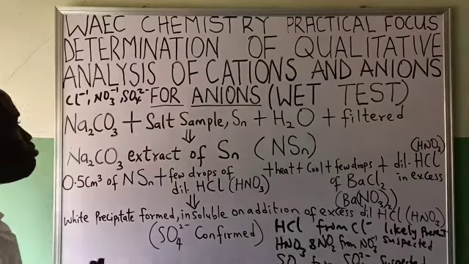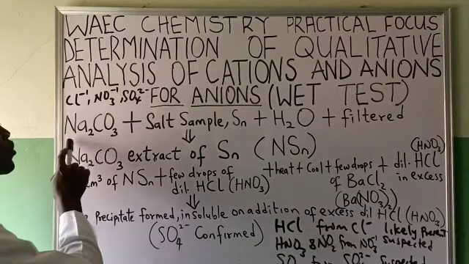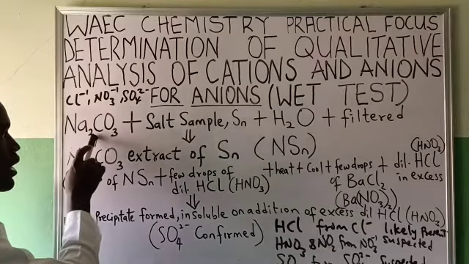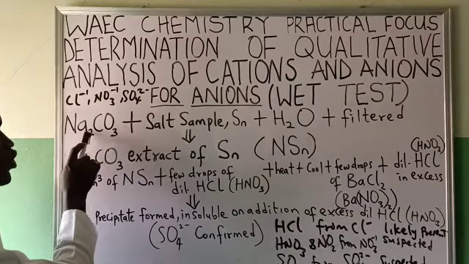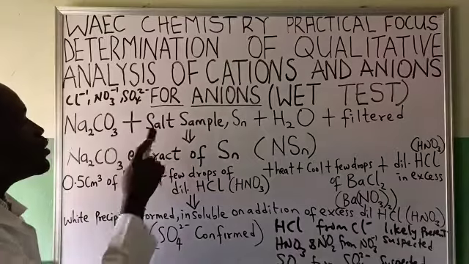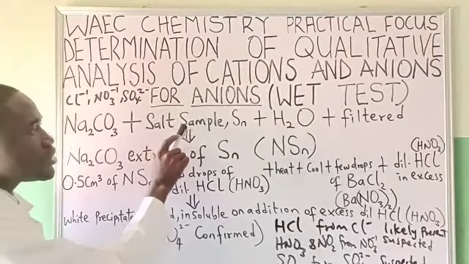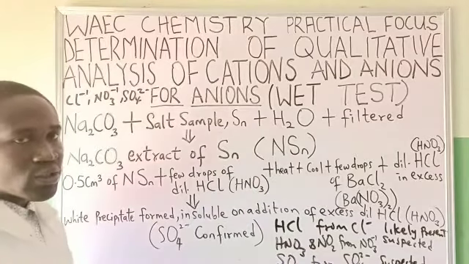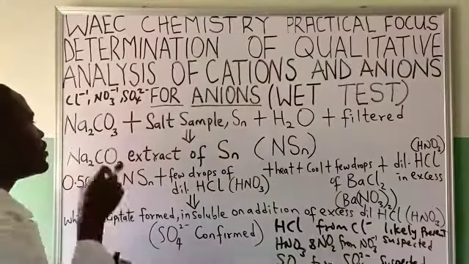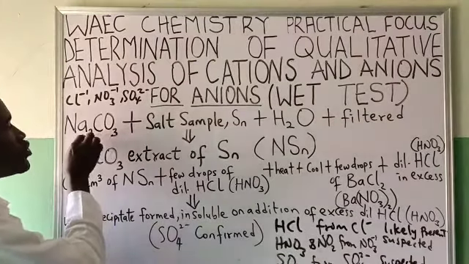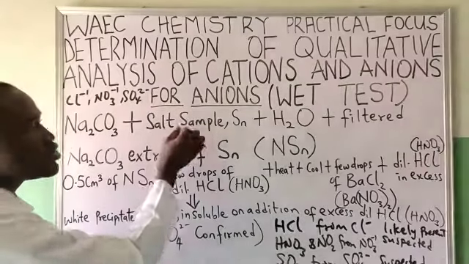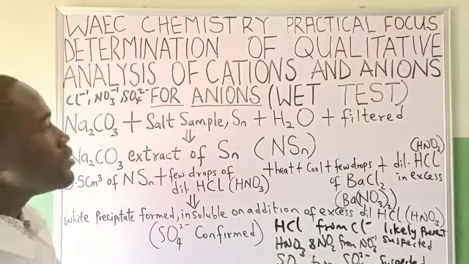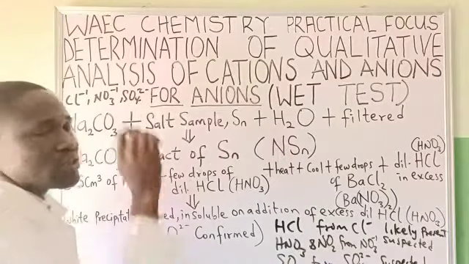Okay, so we now say get some quantity of sodium carbonate salt, get small quantity of the salt sample given to you, mix them with water. Let's say the quantity you collect as your sodium carbonate and the quantity of the salt sample, let them be relatively equal. Then add water to it.